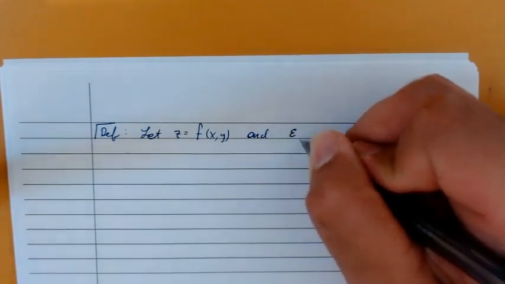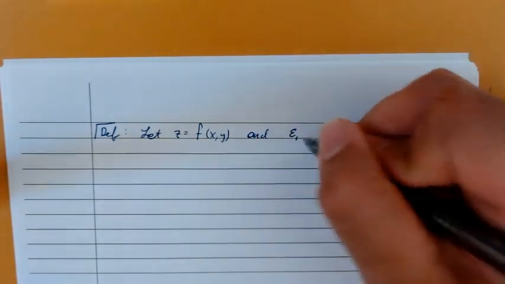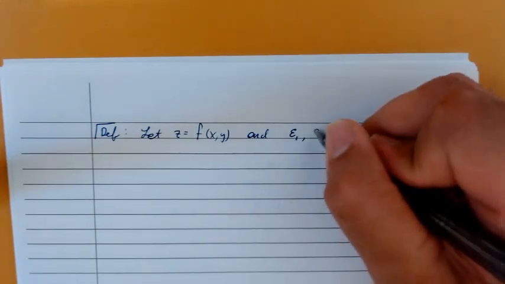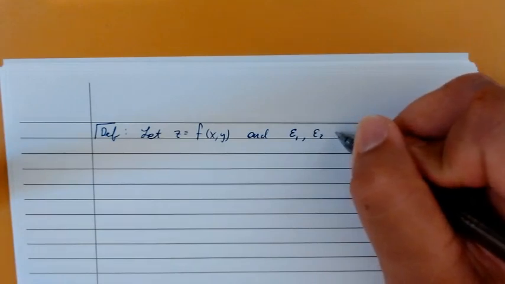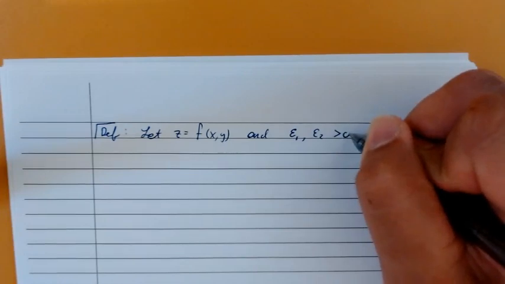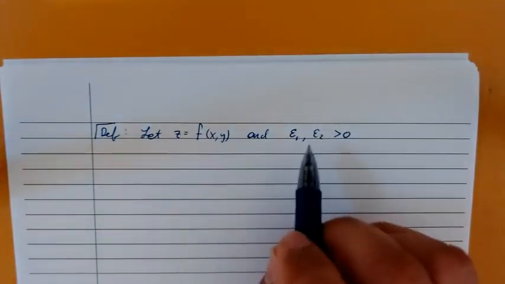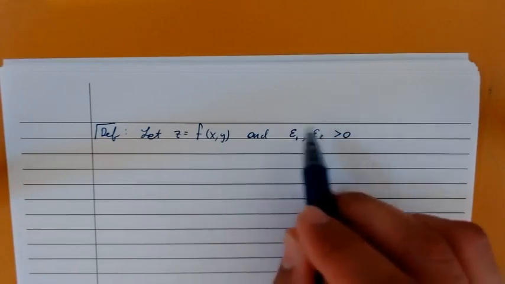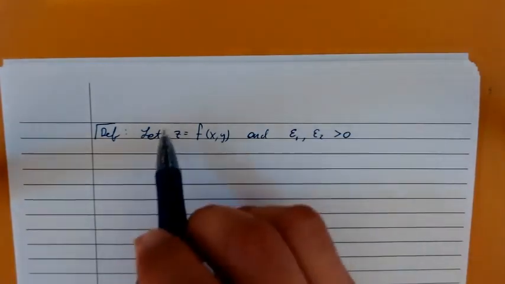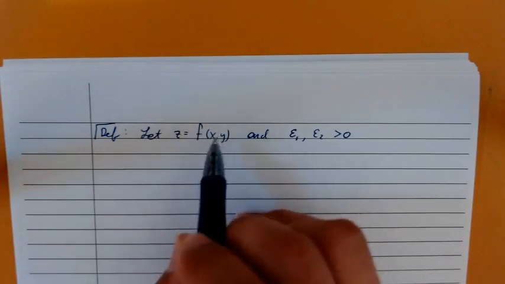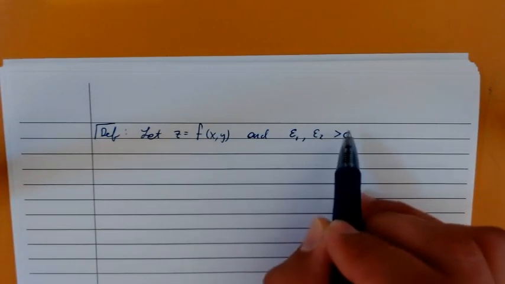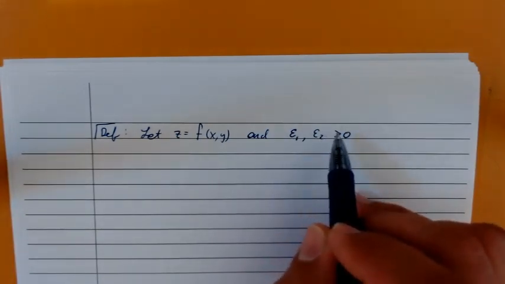We're going to have more than one epsilon, so we're going to call one of them epsilon 1, and the other one epsilon 2. These are just regular positive real numbers. Just like in Cal 1, when we see epsilon, they could be anything, but it's usually implied that these are small. So let z be this function of two variables, and let epsilon 1 and epsilon 2 be probably small, but definitely positive real numbers.